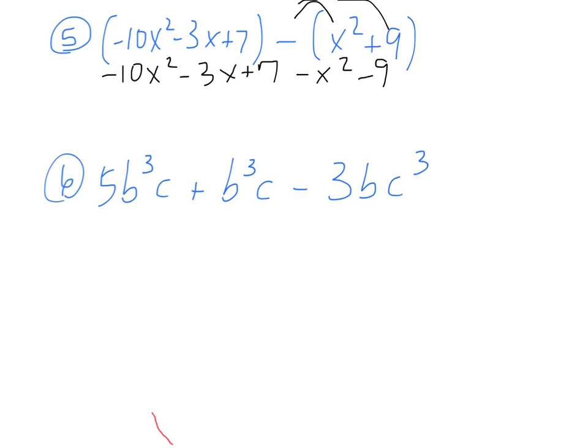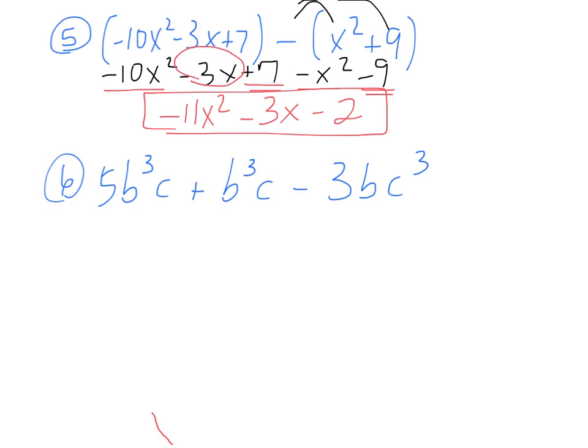Identify like terms and simplify. -10x squared minus 1x squared is -11x squared. This minus 3x has no other term to go along with, so we'll bring it straight down. Alright, and last but not least, plus 7 minus 9, we get a -2. And there's your answer.